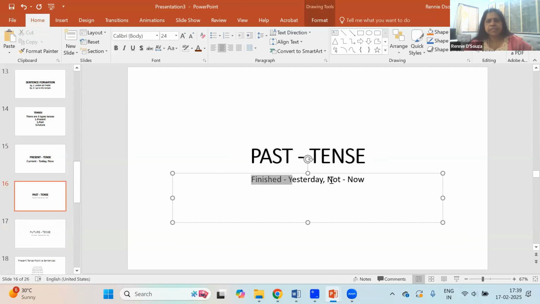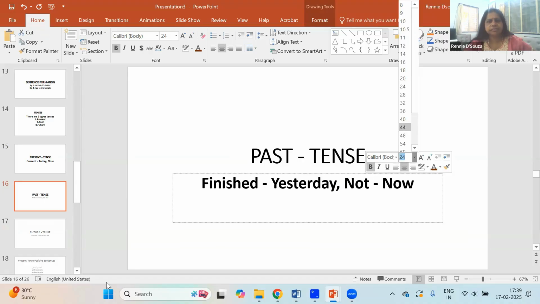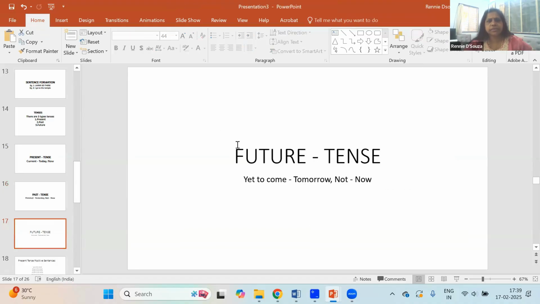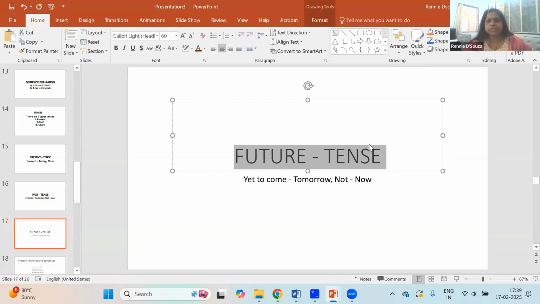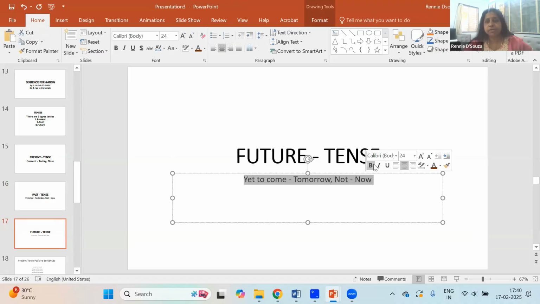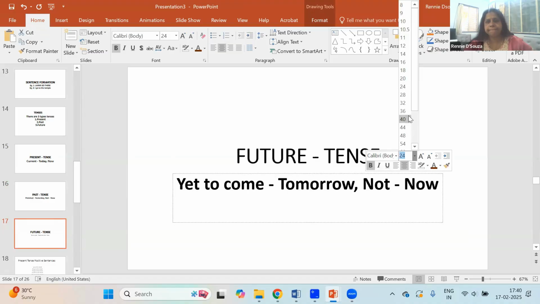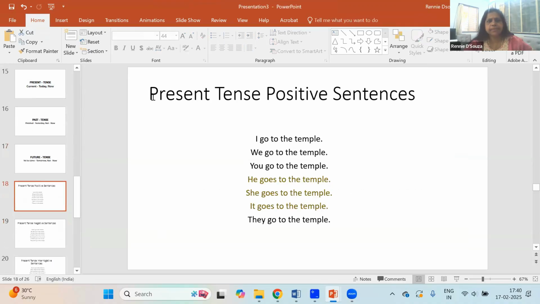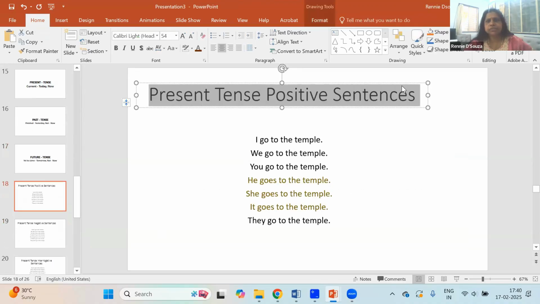Again, past tense is which is finished or yesterday, or which is not now, which is completed. That we call past tense. Again coming to future tense, which has to come, that means it has not yet come, it's not today or yesterday, it is yet to come, tomorrow and not now.